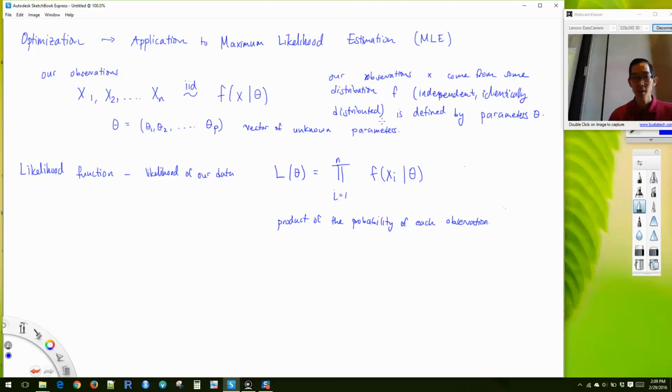Okay. Because products are difficult to deal with, we often deal with the log likelihood. The log likelihood turns the product into a sum.